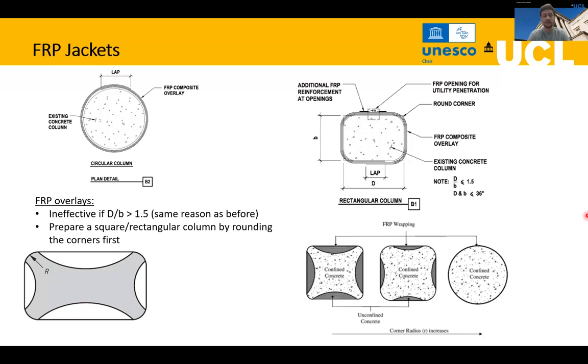The main advantage of this type of retrofitting, of course, is that if you include this, you will not have any impact on the architectural part, because you will not increase that much the section, and also you will not add a lot of weight. However, this material is not perfect. The behavior of the FRP is usually elastic with a brittle failure.